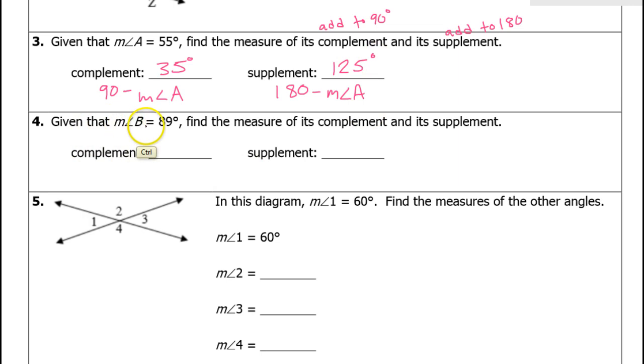Okay, given that the measure of angle B is 89, find the measure of its complement and supplement.